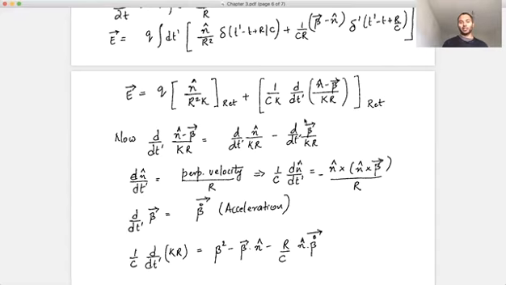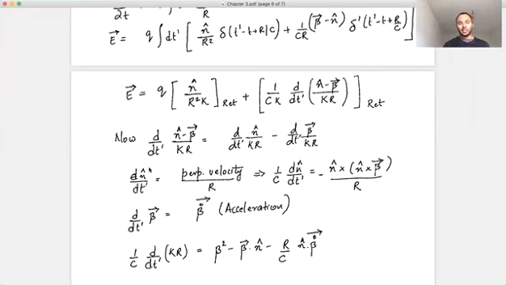And in the end, it'll turn out that you only need to evaluate 2 derivatives: dn hat by dt prime, and of course, d beta by dt prime. This is just the acceleration, right? So this is just beta dot. That's just the acceleration. Dn hat by dt prime is a little more involved.